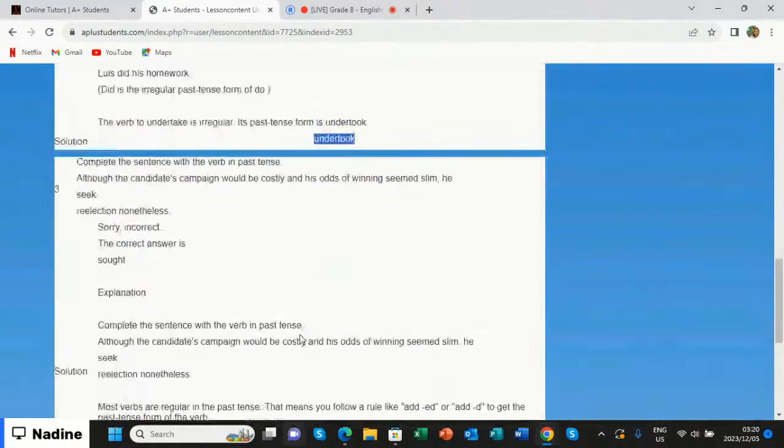Although the candidate's campaign would be costly and his odds of winning seemed slim, he seek reelection nonetheless. Seek. What is the past tense form of the word seek? You seek something.